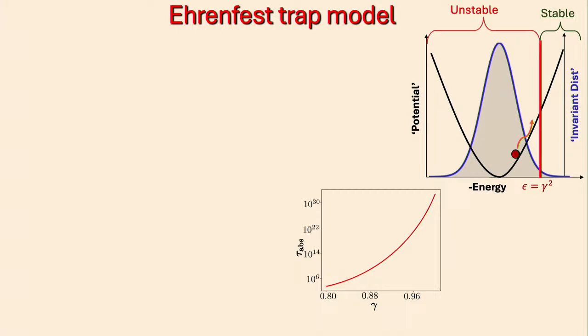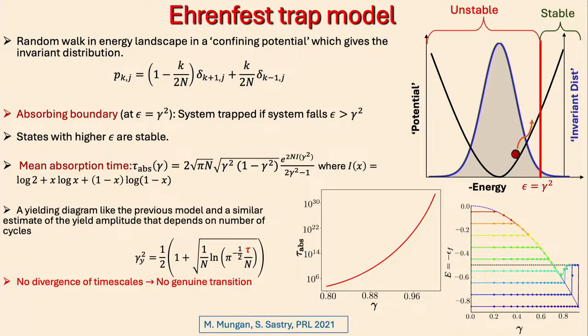So I can therefore ask the question, how long does it take the system to reach this threshold? This is now a very standard problem of first passage time, and the answers are known. There is a time scale which I call the absorbing time, which is growing very strongly as I shift this boundary further and further to the right.